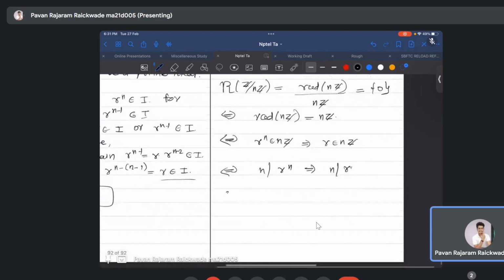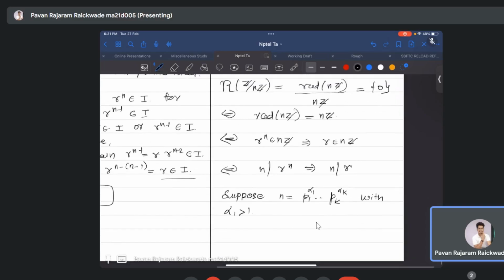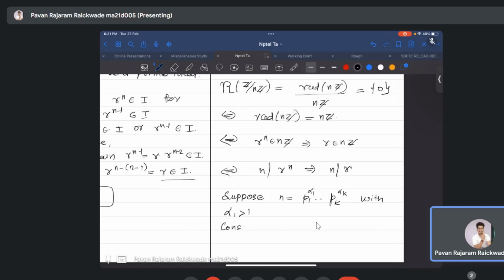Okay, so suppose n is written as a prime factorization p1 raised to alpha 1 up to pk raised to alpha k, with alpha 1 strictly greater than 1, right? Then you consider r as p1 times p2 raised to alpha 2, the rest all as it is. Then n will divide r to the alpha 1, but n won't divide r because r is a smaller element, right?